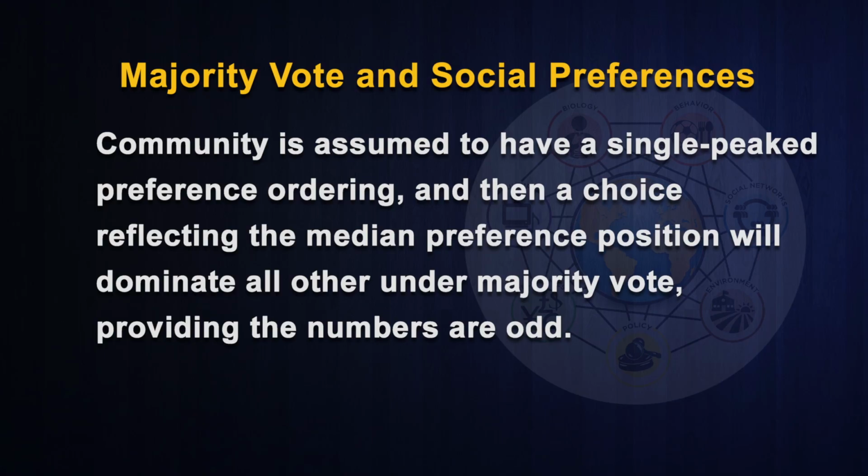Particular attention has been paid to majority vote as a means of expressing such preferences. If the community is assumed to have a single-peaked preference ordering, then a choice reflecting the median preference position will dominate all others under majority vote, provided the numbers are odd.